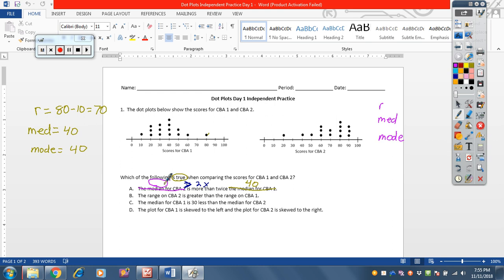B says the range on CBA 2, whatever that number is, is greater than the range on CBA 1. Well, the range on CBA 1 is 70. So whatever this number is, is it greater than 70?